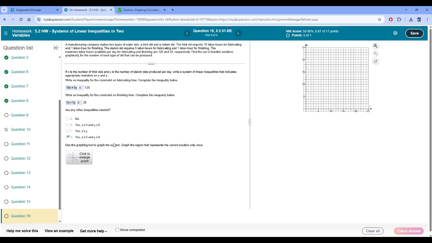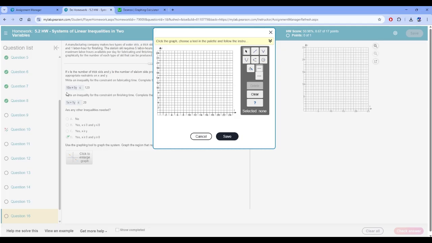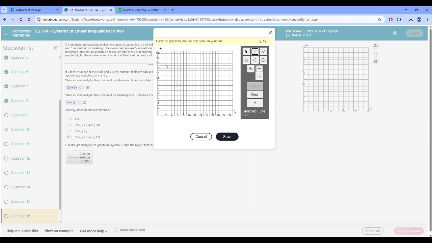All right, and then to graph that, I guess I could. Yeah, here we'll do it real quick. I'm going to graph by the intercepts. So that's going to be 12. When y is 0, x is 12, and then 120 divided by 5 is 24.